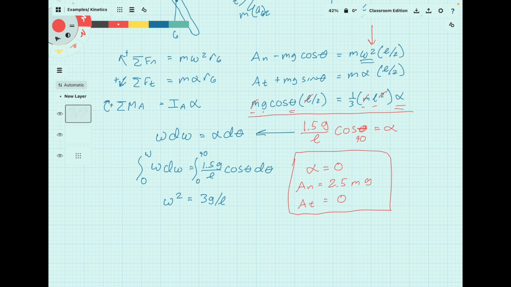And the main thing out of all this is that you're getting to this expression right here, which is a functional relationship between theta and alpha. And once you have that, positional equation can always be processed through that kinematic equation. So those are the kind of big takeaways from this particular problem.